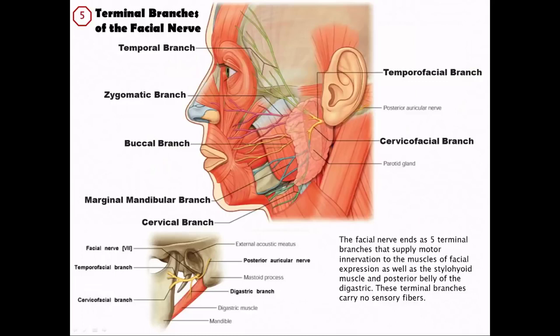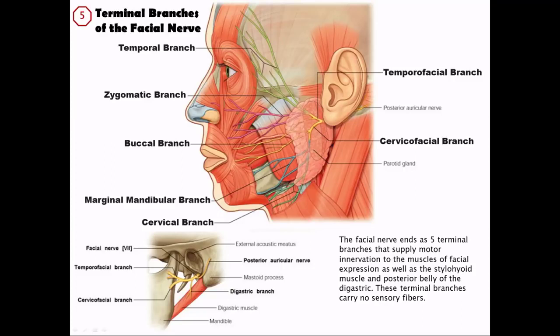Finally, the facial nerve ends in 5 terminal branches. After the facial nerve gives off the posterior auricular nerve, it immediately sends a small branch to innervate the stylohyoid muscle and the posterior belly of the digastric muscle, because those muscles also originate from the mesoderm of the second pharyngeal arch. As the facial nerve courses toward the anterior face, it passes through the parotid gland and divides into a temporal facial and cervical facial division.